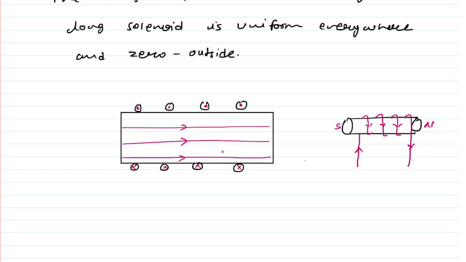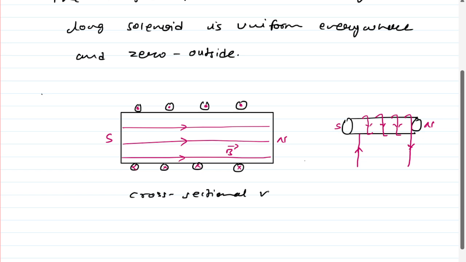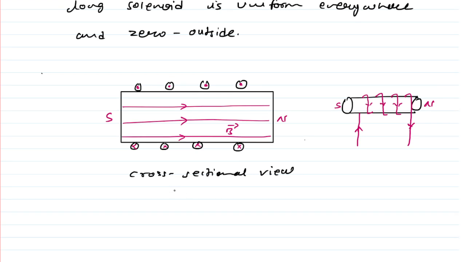Now this is the direction of the magnetic field inside the loop, so definitely this is the south pole, this is the north pole. This figure we call the cross sectional view of a long solenoid, with the representation of magnetic field.